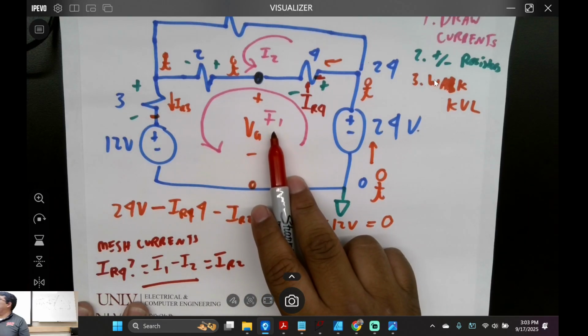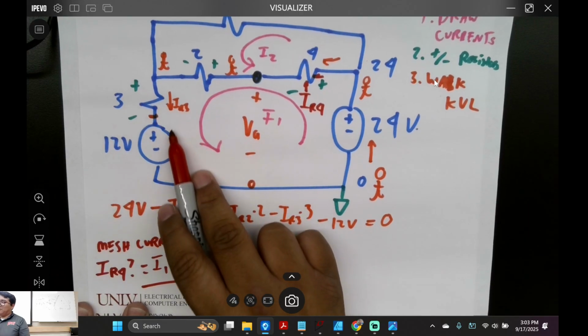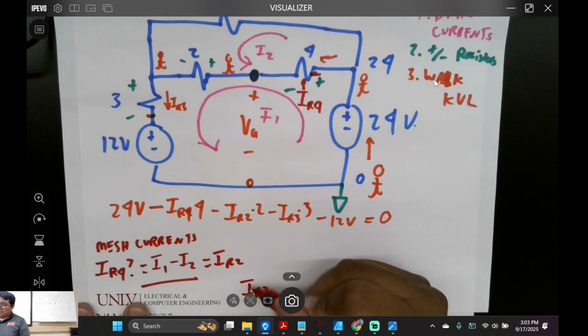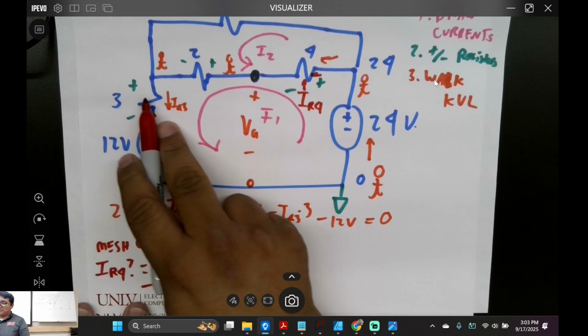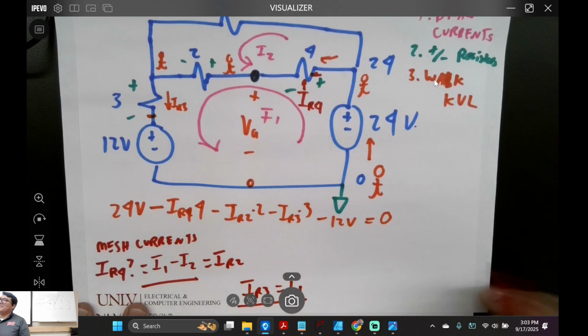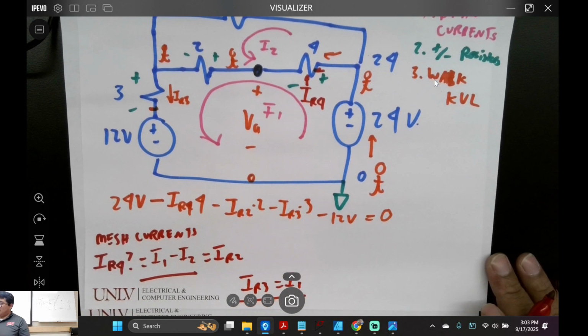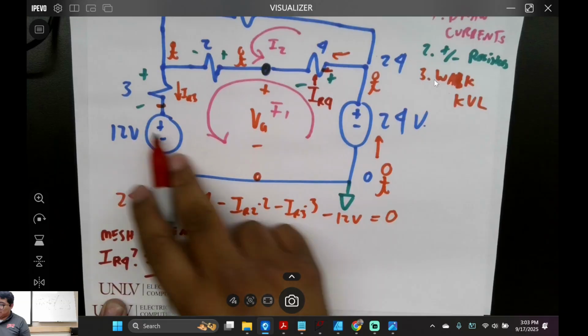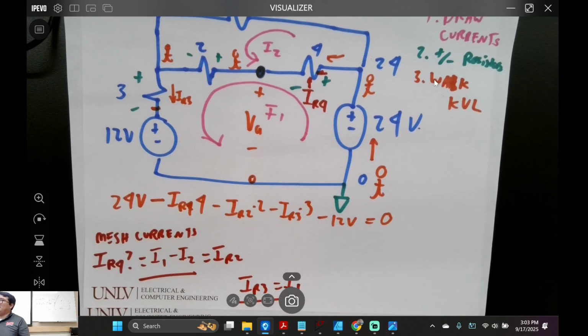Got I1 here, right? And it's going with the flow of our resistor. Does that make sense? IR3, the current in this 3 ohm resistor. Is that making sense, everybody? Then what else did I solve for? 1, 2, 3. Got 3 currents and 3 resistors, 2 voltage supplies.